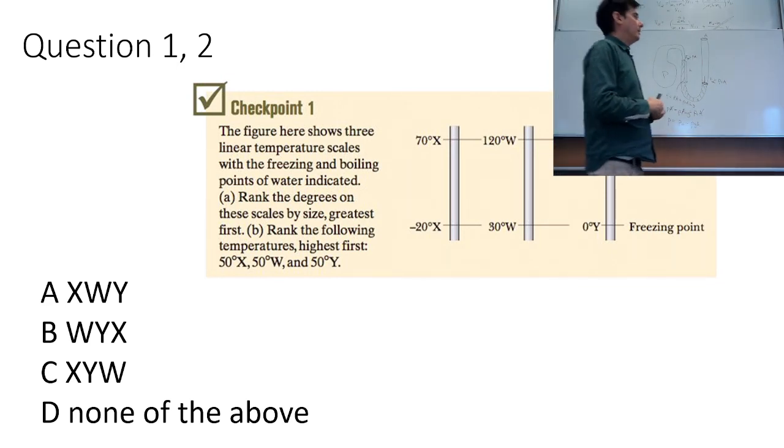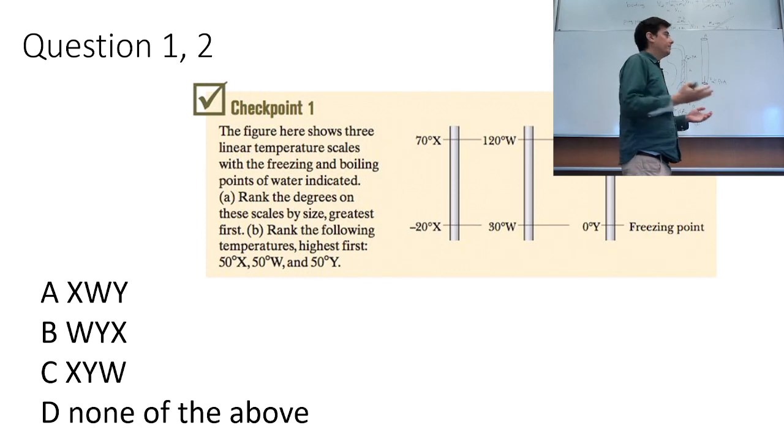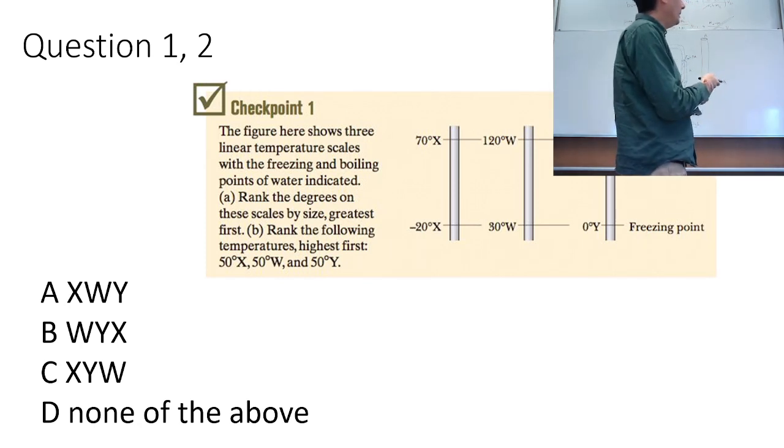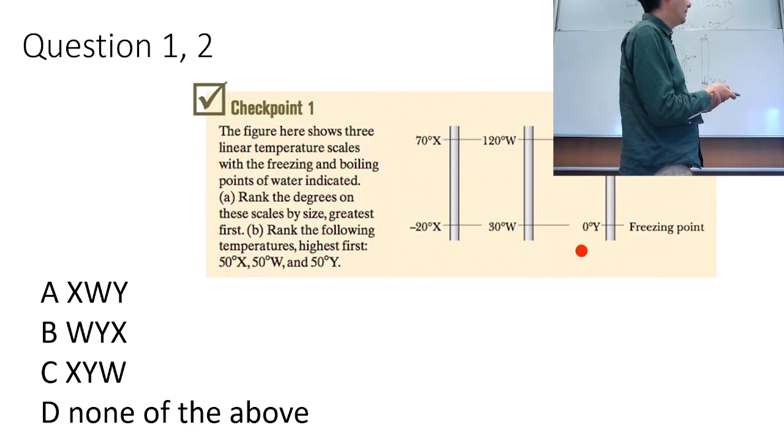Okay, so given that temperature scales are all linear, let's have a look at this question. The figure here shows 3 linear temperature scales with the freezing and boiling points of water indicated. These are imaginary, made up temperature scales: temperature scale X and W and Y. This one goes from minus 20 to 70 between freezing and boiling.